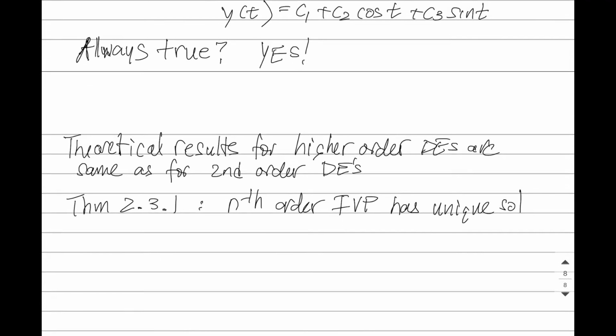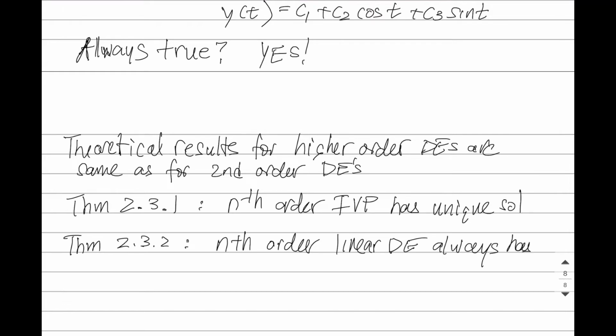And just like we did for the second order case, you can piggyback and show that an nth order linear DE always has a fundamental set of n solutions. So a third order DE must have a basis or a fundamental set of 3 solutions.